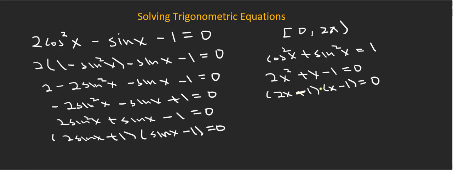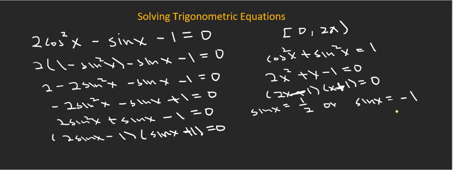This should be minus, and that should be plus. Because when you multiply it out, the middle term should be sine x. So when you solve this, you're going to end up getting sine x equals 1/2, or sine x equals negative 1.